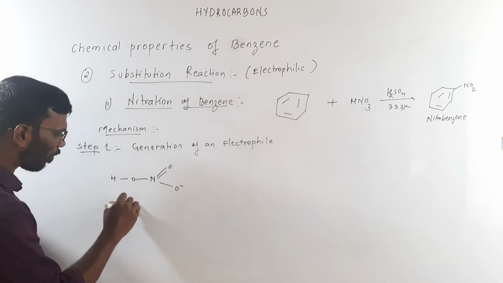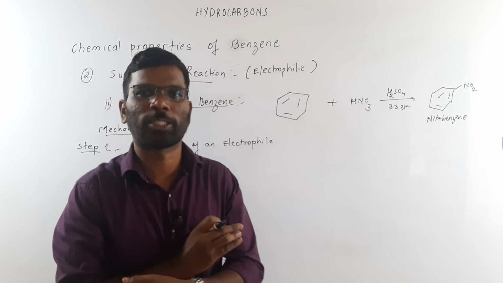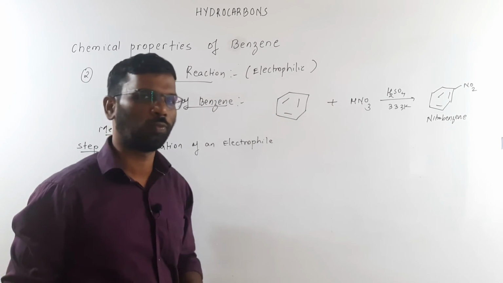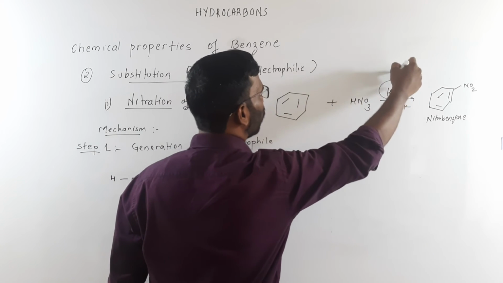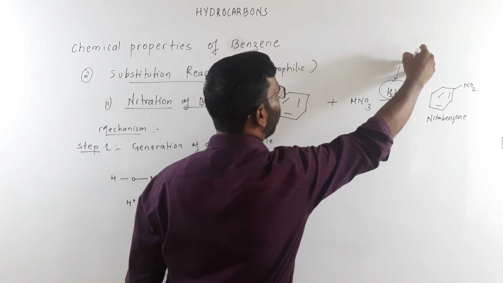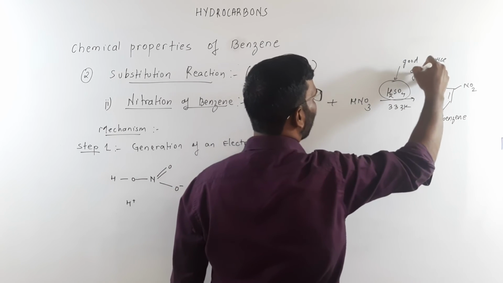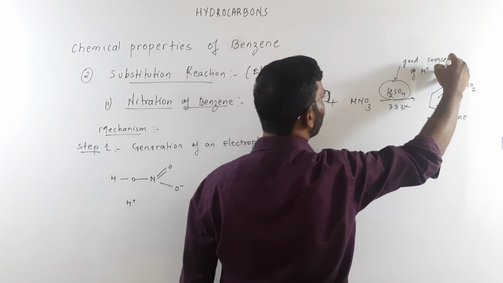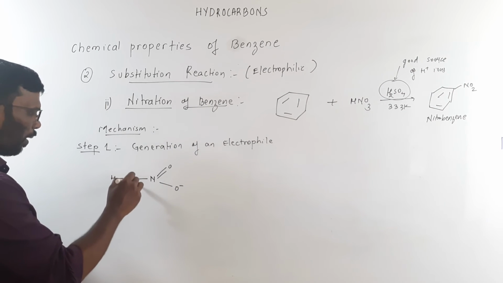Since there is an acid, H2SO4 is a strong acid and a very good source of H plus ions. So H plus ion is there, and this is the electron rich part.